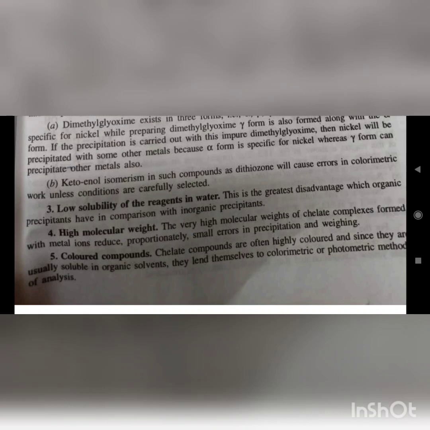Keto-enol isomerism in such compounds as dithizone will cause errors in colorimetric work unless conditions are carefully selected. Low solubility of reagents in water. This is the great disadvantage which organic precipitants have in comparison with inorganic precipitants.